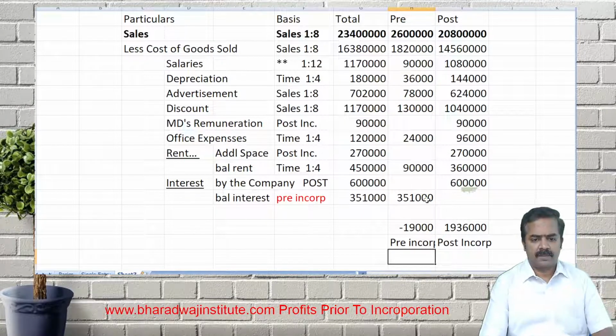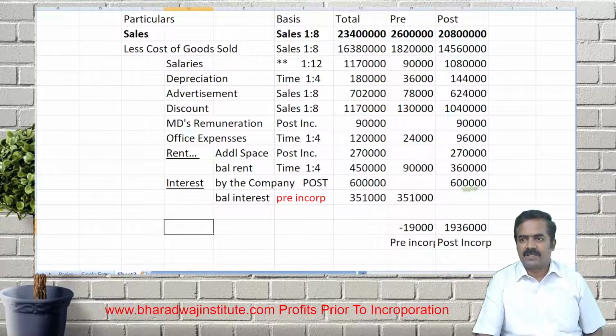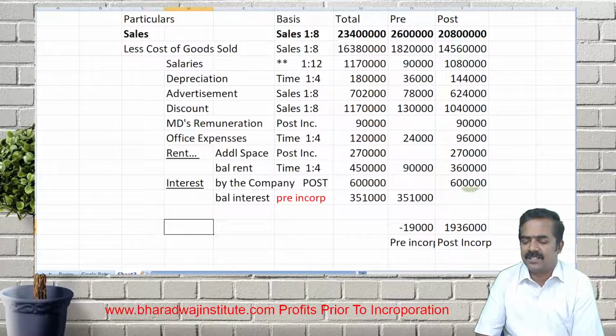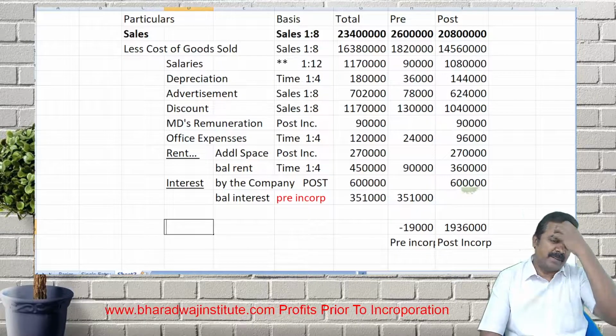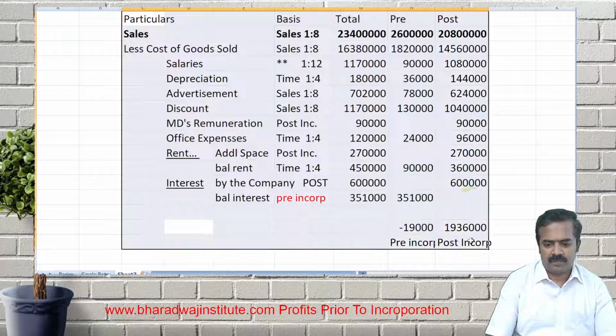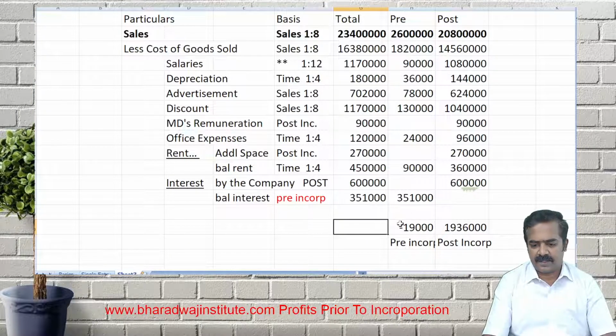Take up this. Depreciation on the 6%. Percentage based on time period. 9 months, 12 months, 6 months and all. Depreciation in accounting we calculate based on what? Time period of usage. So pre-incorporation and which one? Post-incorporation expenses. Pre-incorporation loss, post-incorporation profit.